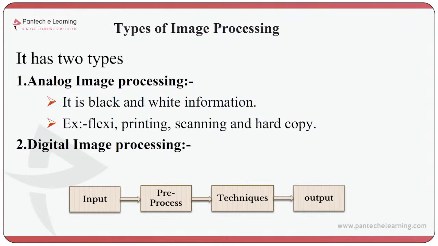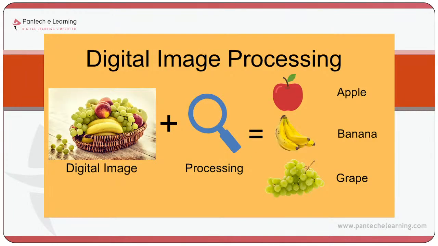First we have to give an input, which is an image. After that we have to pre-process it. What does pre-processing mean? Filtering and so on. Without pre-processing we couldn't use this technique. After using the techniques, we go to the output. So this is digital image processing.